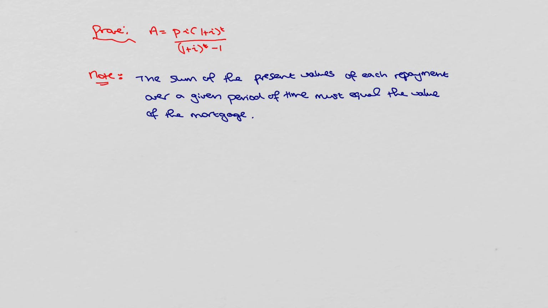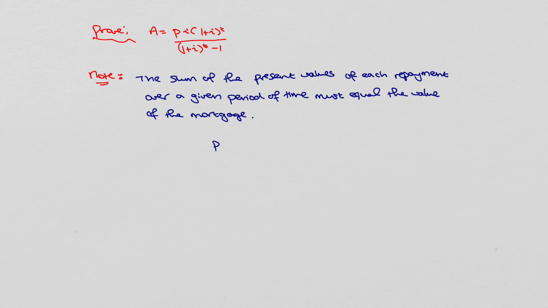So we start by saying, well, we want to prove that A is equal to P times i times (1 plus i) to the power of t, all over (1 plus i) to the power of t minus 1. Before we start the proof, we need to make a note that the sum of the present values of each repayment over a given period of time has to equal the total value of the mortgage.